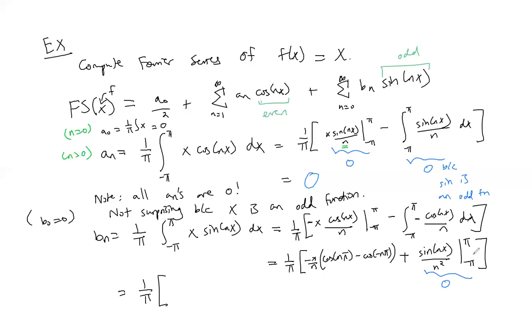And then here, let's look at these terms. What is cosine of n pi? Sine of n pi is 0 always for every multiple of pi.